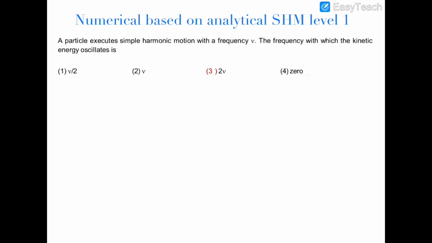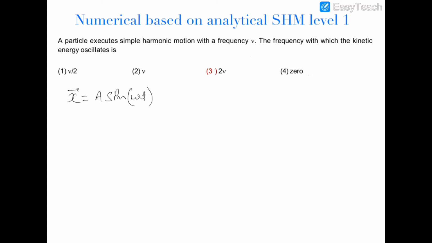So in the first question, you can see that there is a particle which executes simple harmonic motion with frequency nu. Then the frequency with which the kinetic energy of that particle will oscillate will be. So we know that the equation of SHM, x is equal to a sine omega t.